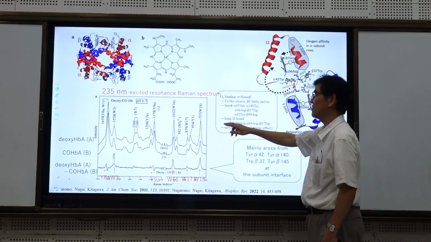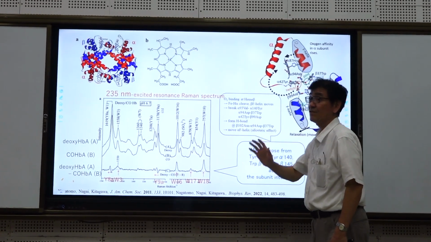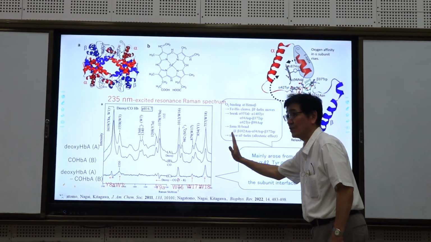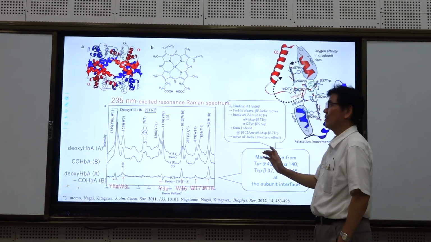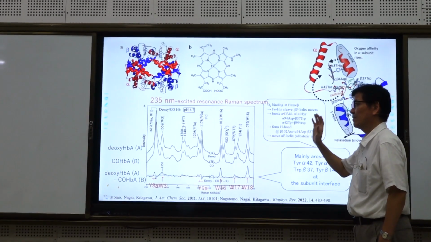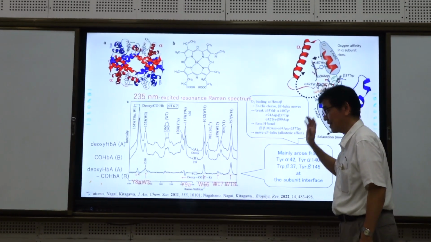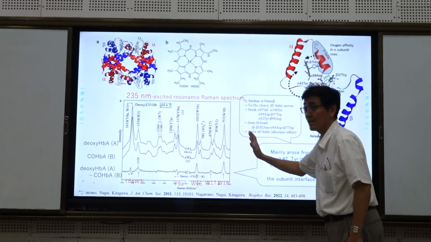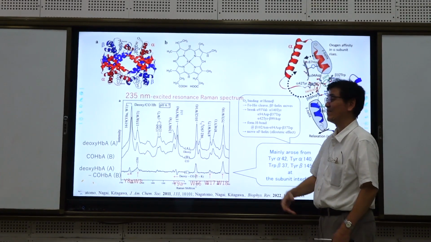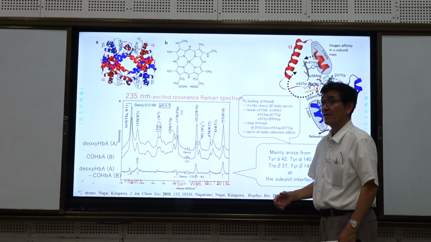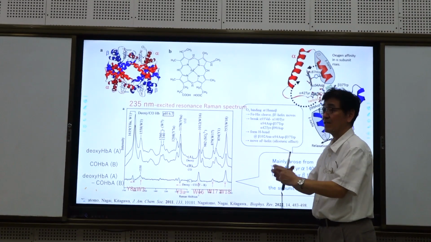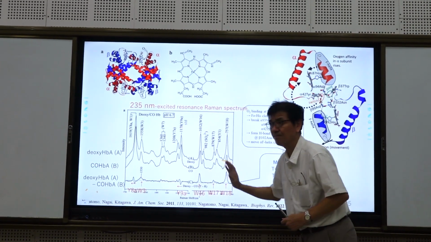Then if some peak matches your interest, we tune the excitation wavelength to that position. Sometimes it's easy to choose the excitation wavelength if it's commercially available. Not easy, but we can purchase. If not available, we need to convert the wavelength by some crystal or something.